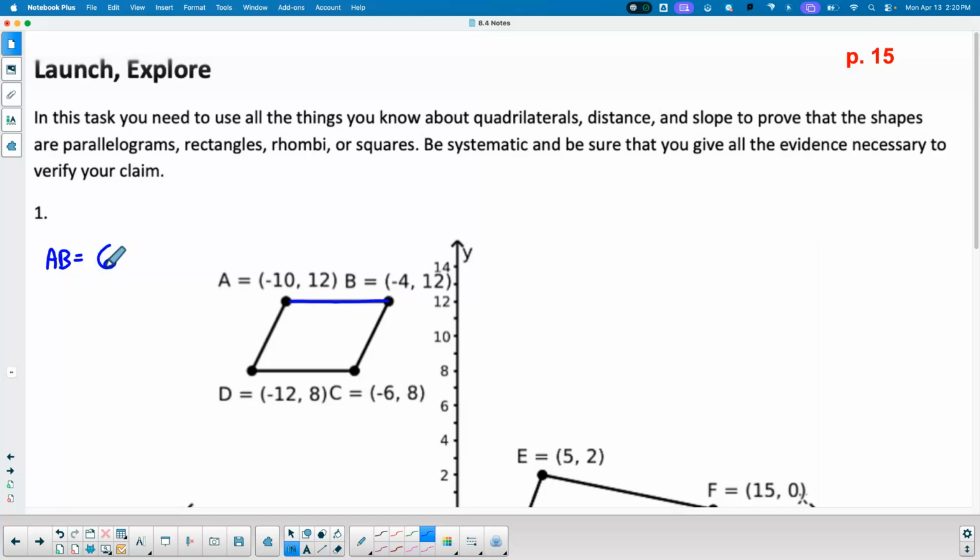What is the length of BC? What do you got for the triangle? 4 and 2?